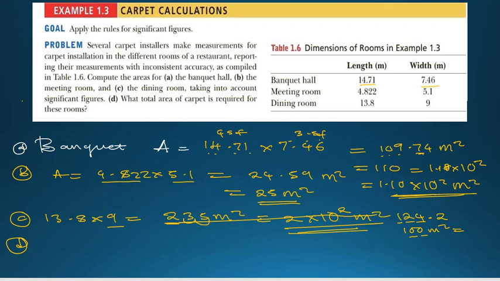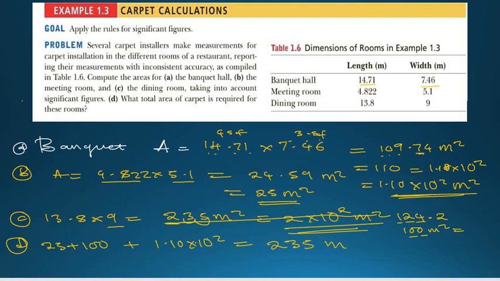So what we're going to do now is just to add the given values. We have 25 plus 100 plus 1.10 times 10 to the power 2 there.